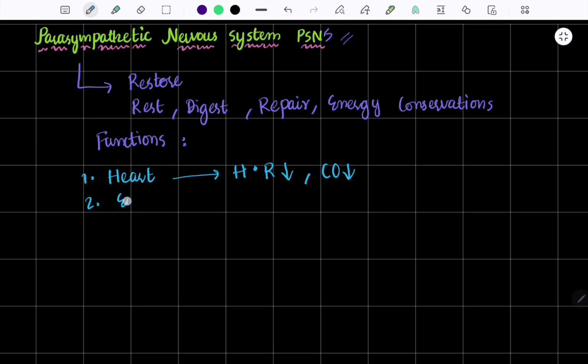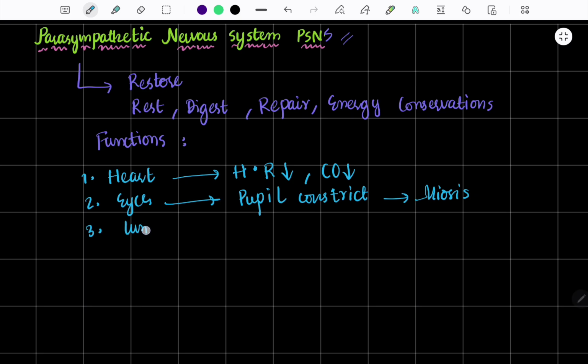When we talk about the eyes, you have to take into consideration that with the sympathetic system there was dilation of the pupil, which was known as mydriasis. When we talk about parasympathetic, then in the relaxed state the pupils are constricted, right? The pupil constricts. This is known as miosis, right? In further chapters we'll discuss this in detail.